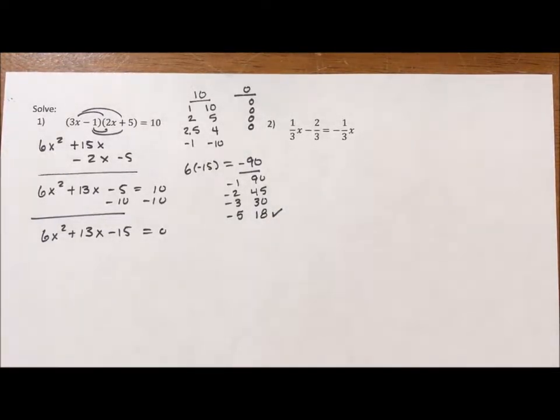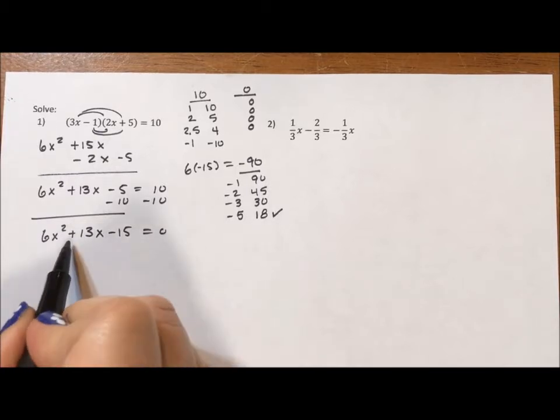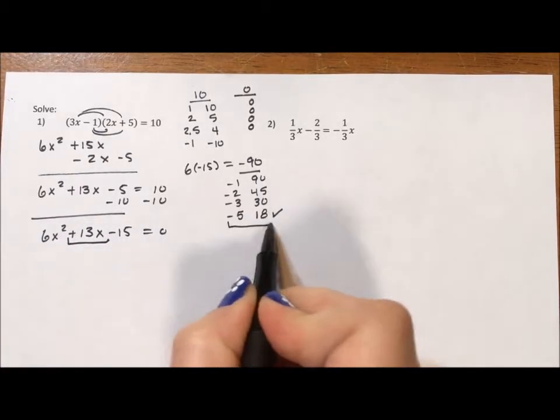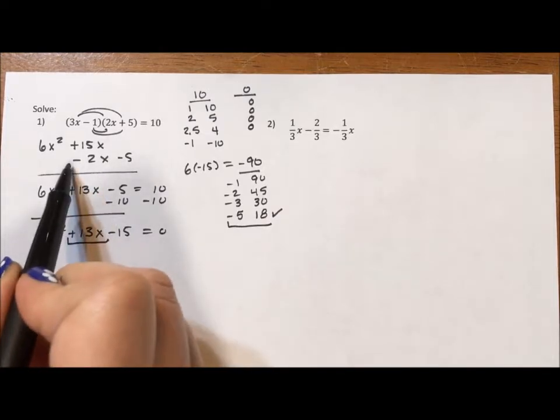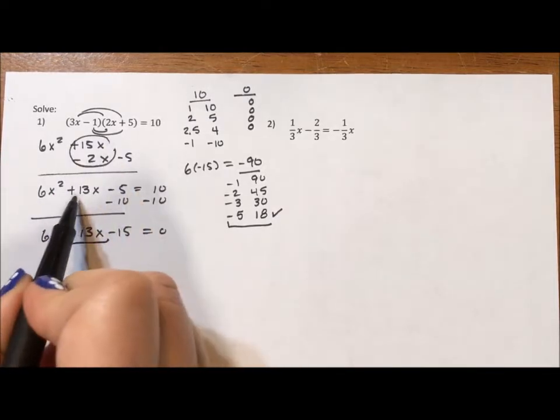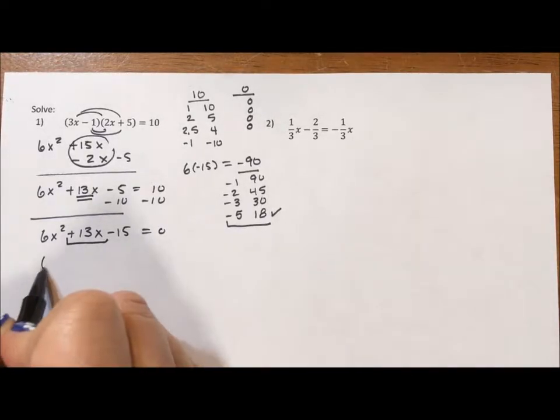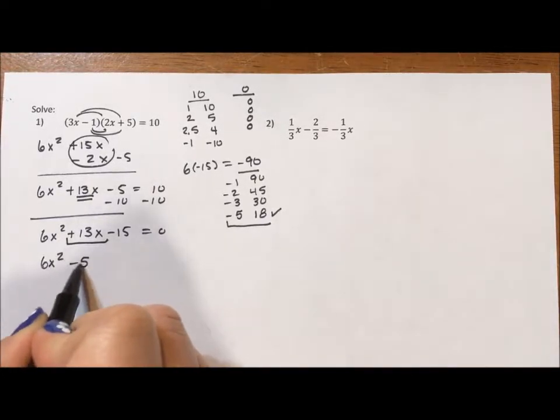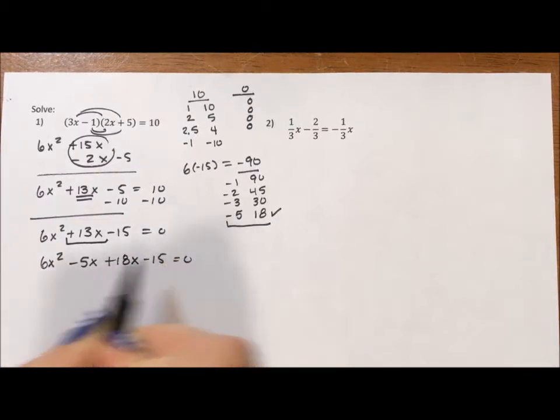That doesn't mean this is my factorable answer, because this is a 6, which means AC means replace 13 with the numbers that add up to 13. Basically, I found the two numbers that we multiplied out when we multiplied our binomials. Okay, so 6x squared minus 5x plus 18x minus 15 equals 0.